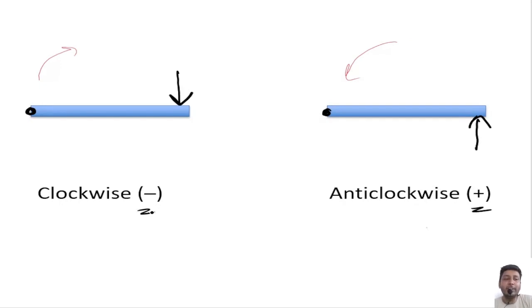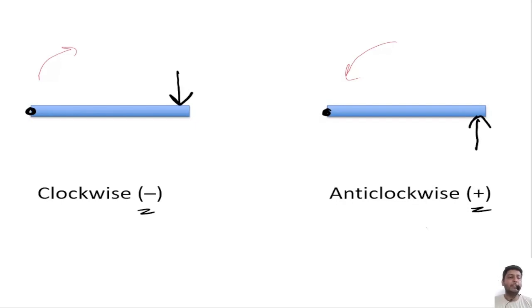This is just a convention which people have decided. There is no hard and fast rule for why we have taken clockwise as negative and anti-clockwise as positive. But for uniformity all over the world, we take clockwise to be negative and anti-clockwise to be positive.